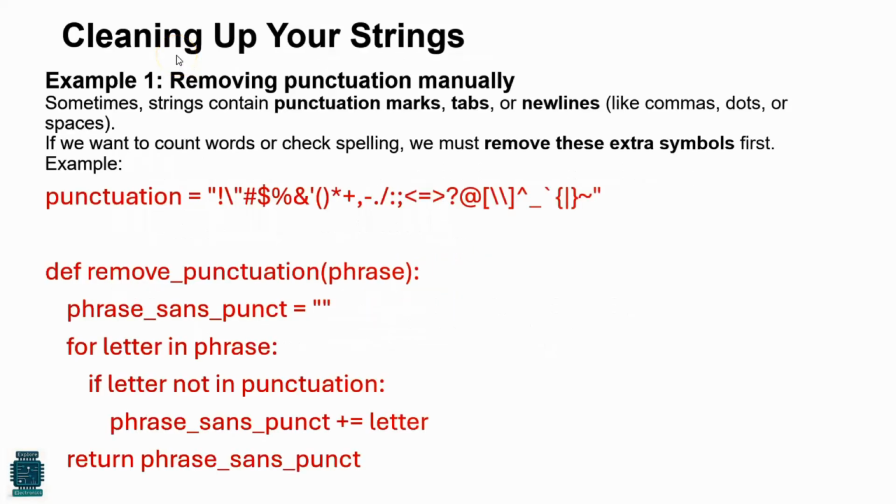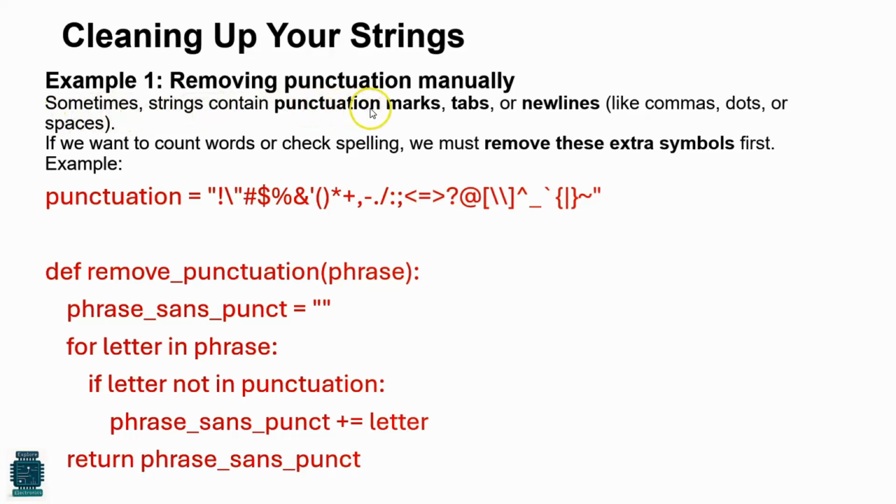And the next concept is cleaning up your string. Here it will remove all the punctuation marks. The first example is removing the punctuation marks manually. Here I am taking all the punctuations together and removing those, whatever punctuation marks are present in the phrase. It is not automatic.